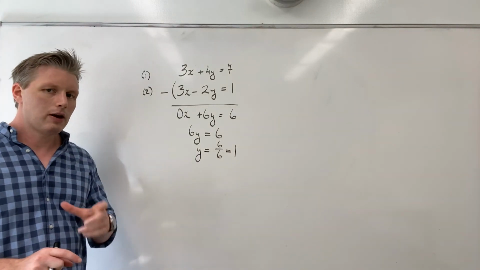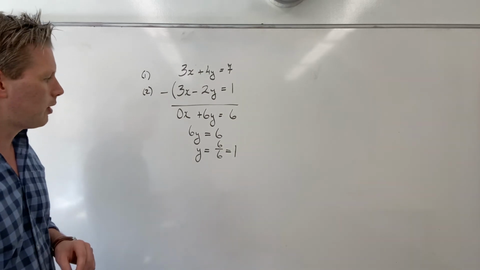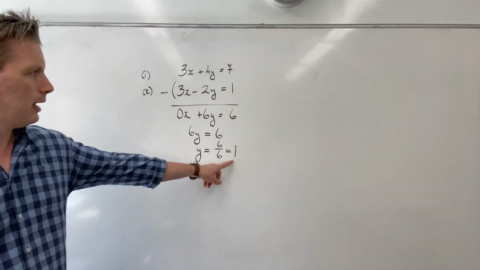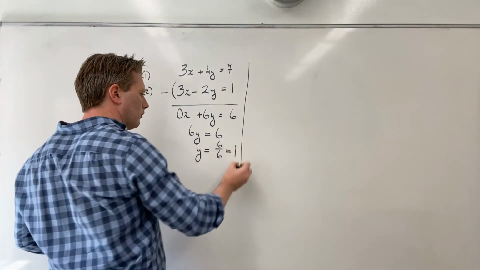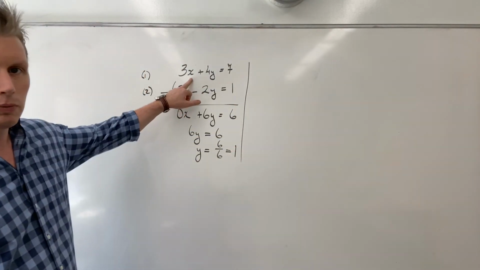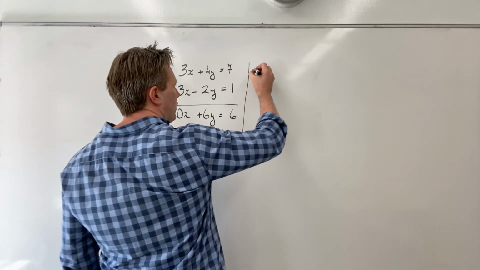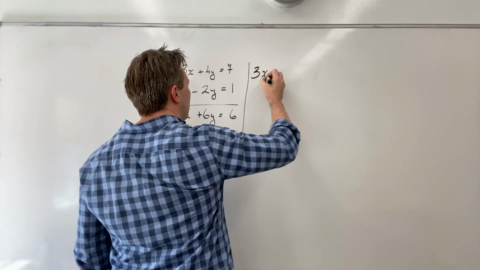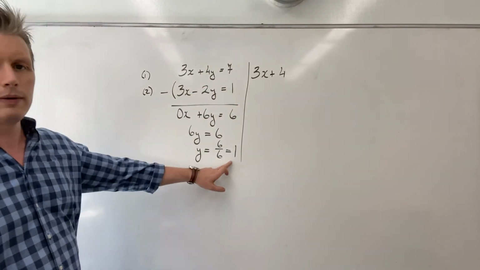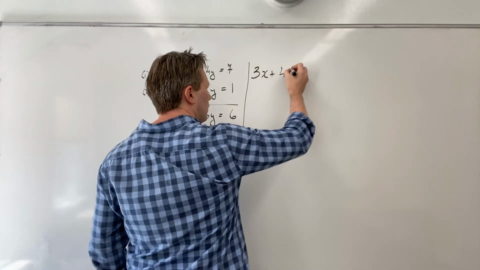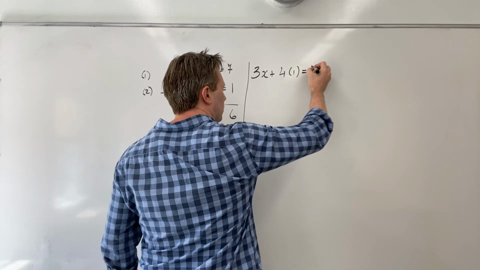I need to find now my x value. The easiest way to do that probably is just to substitute back in my y value into one of these equations. And so, I'll just take equation number 1. Equation number 1 now becomes 3x plus 4, and then I now know that y is 1. So I can substitute in that value. 1 is equal to 7.